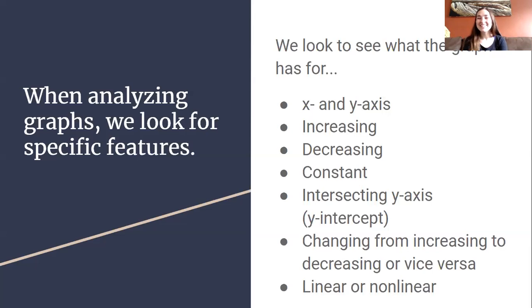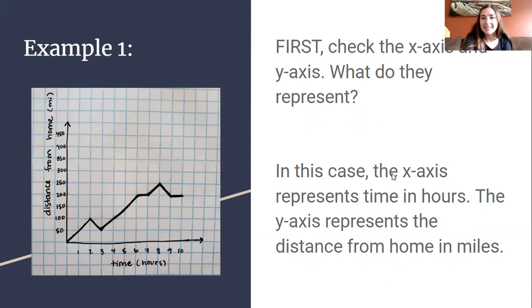Okay, we also want to look to see where it is changing from increasing to decreasing, and vice versa. We also look to see if it's linear or nonlinear. Remember, linear means that it's a straight line. It's in the name. Linear, linear, the line. So we want to look, is it a line or is it kind of curvy?